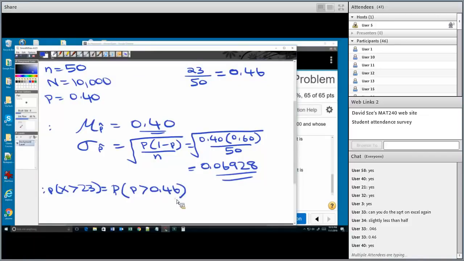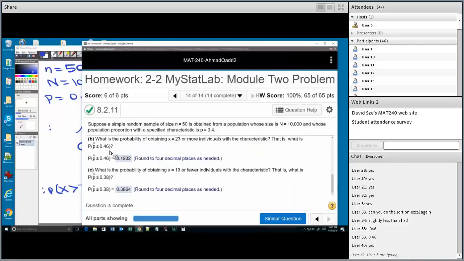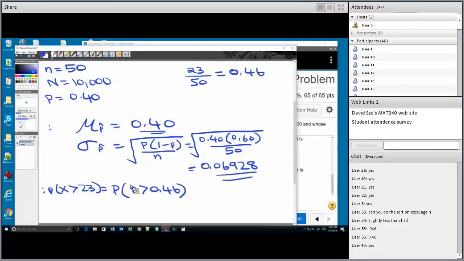Now I didn't tell you, but actually the problem tells you this. See that? Problem says, what is the probability of obtaining X equals 23 or more individuals? That is, what is the probability that P hat is greater than or equal to 0.46? So this is what we're finding. This is what we're looking for.